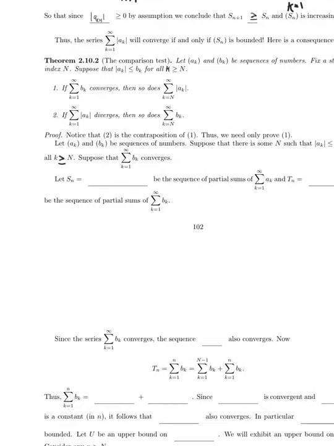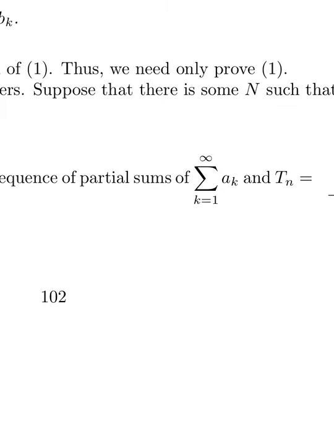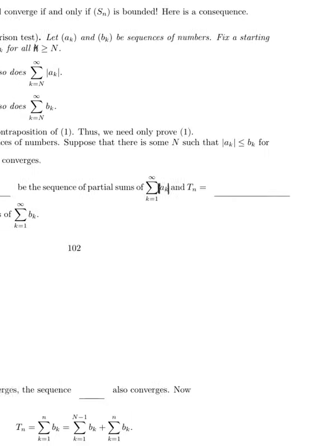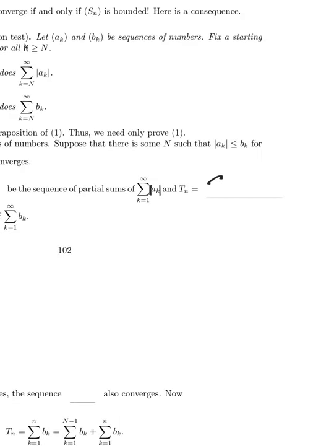Let's go. So let's let S_n be the sequence of partial sums associated with absolute a_k. So S_n is the sum from k equals 1 to n of absolute a_k. And let's let T_n be the sequence of partial sums associated with b_k. So T_n is the sum from k equals 1 up to n of b_k.